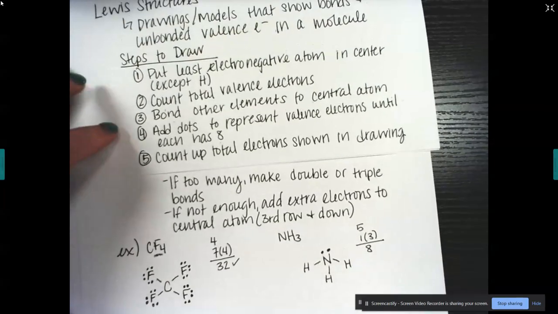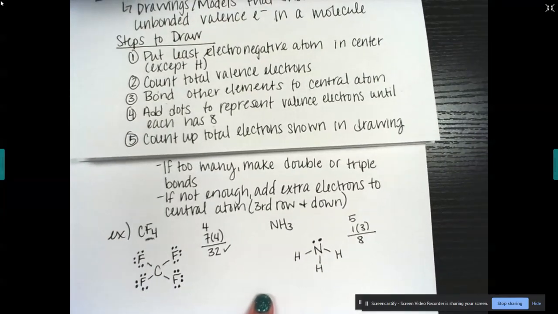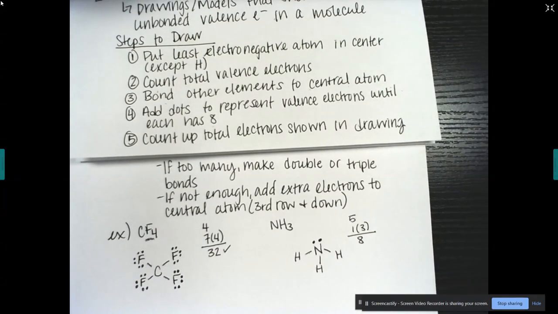Okay, so what we're going to learn how to do next is how to tell what shape it is. And we're actually going to build 3D models of what these molecules look like in real life. Like if you could actually look into the molecules in the air and see what oxygen looks like. So that N represents what, an atom?